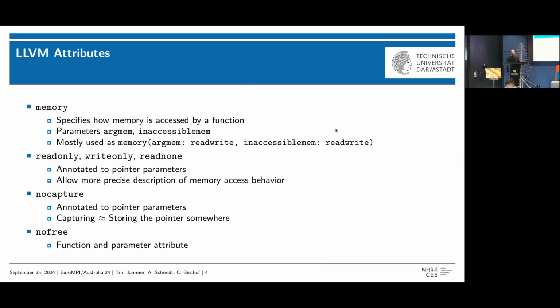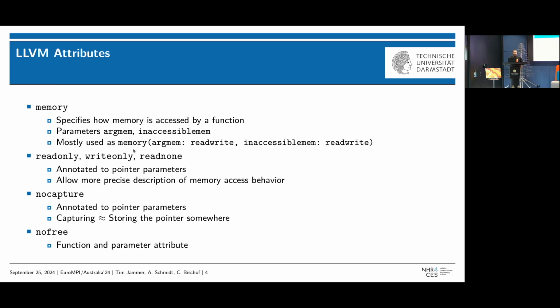The important part, if we specify the memory attribute like this, is that accessible memory cannot be modified: it cannot be read or written by the function, except by dereferencing the pointer arguments, or memory that is inaccessible to the current calling context anyway. All other memory this function will not touch. And this is what this attribute is telling us.